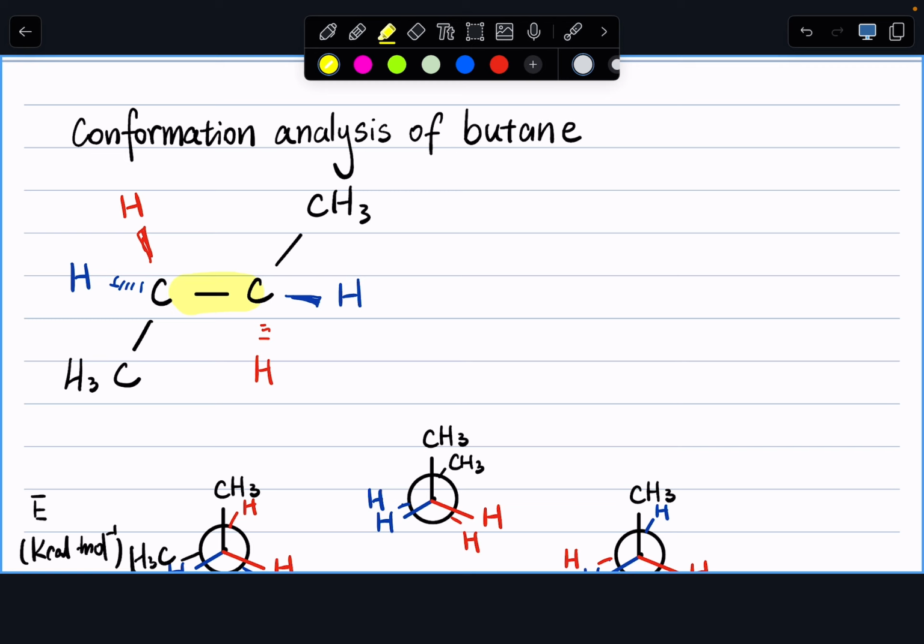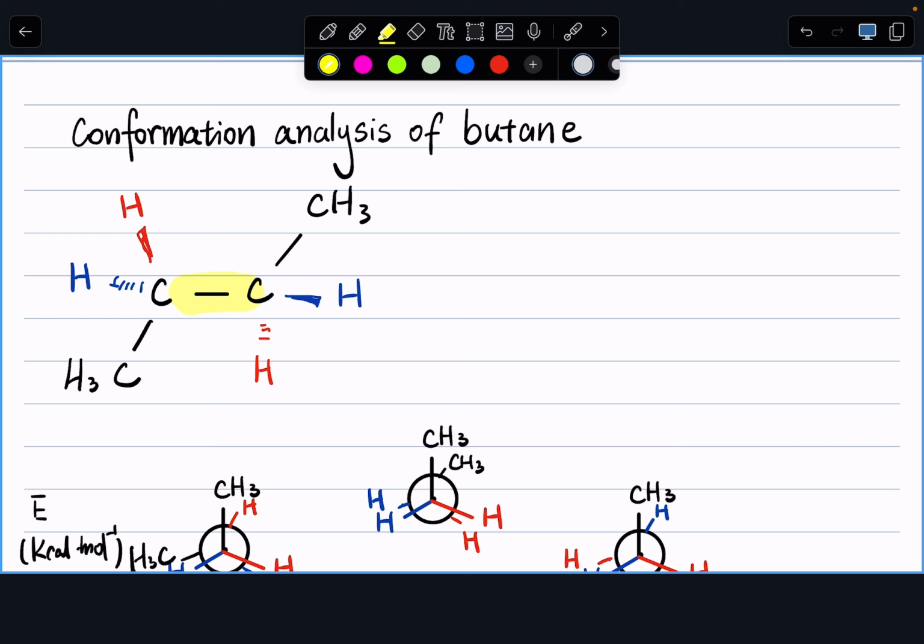So how to draw that out? Well, we draw it on the higher energy point. We rotate it, so we have a hydrogen, CH3, hydrogen, and on the bottom we have a hydrogen right under the methyl, a methyl right under the hydrogen, and then a hydrogen right on top of the hydrogen. So this eclipsed conformation is less stable.